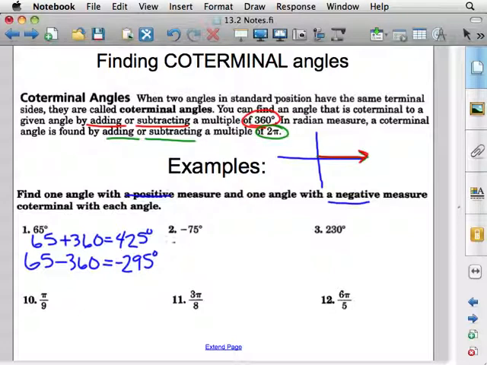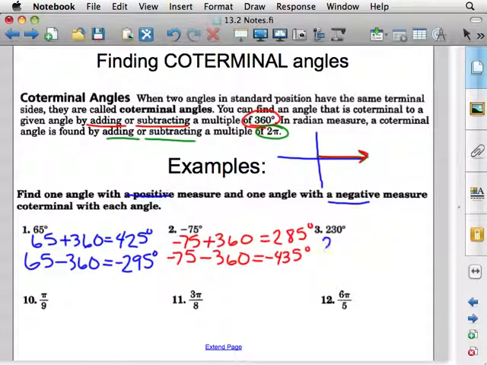Problem 2, we've got negative 75. So we add 360, and we take negative 75 and subtract 360, and we get 285 degrees and negative 435 degrees.